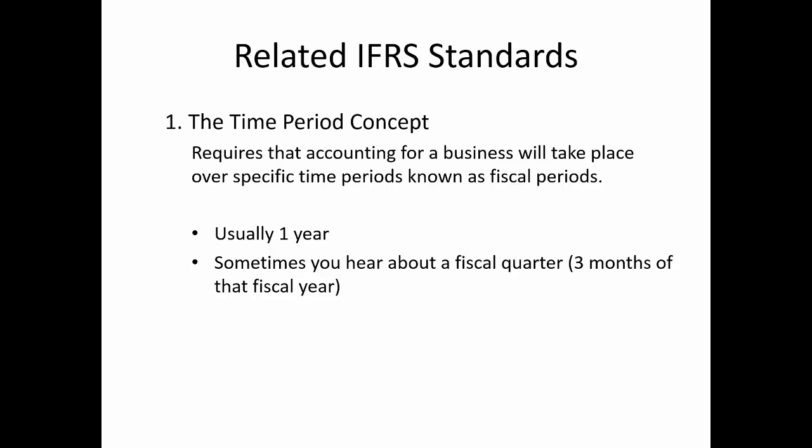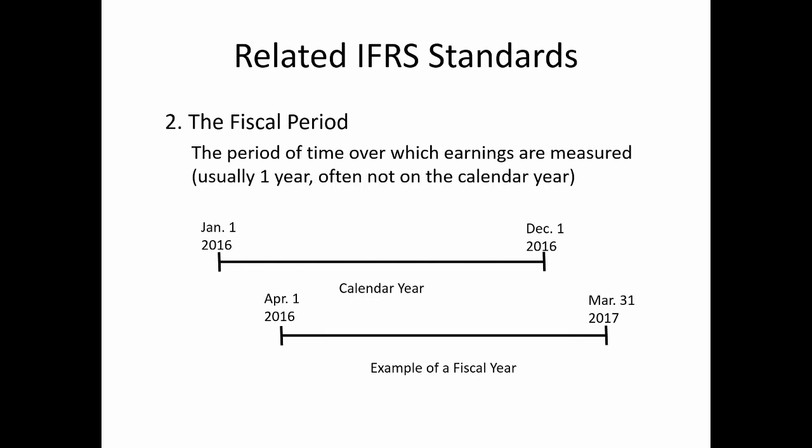A lot of these rules are to maintain some standardization, but some of the rules are to prevent fraud or making things look different than they are. And if people were allowed to mess around with the amount of time that you're reporting on, it could be very misleading.